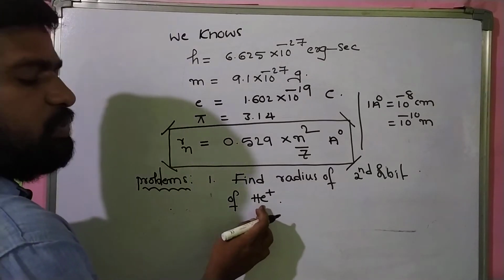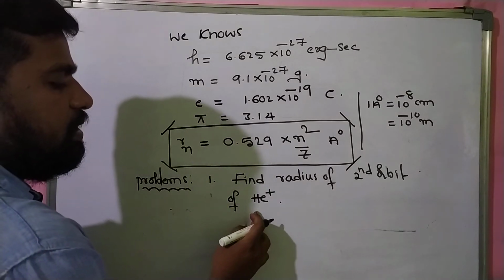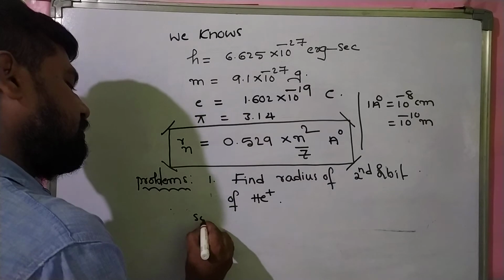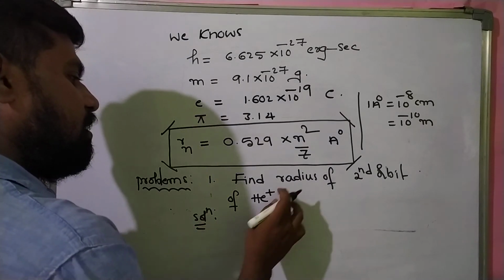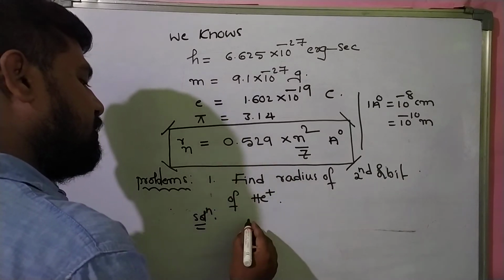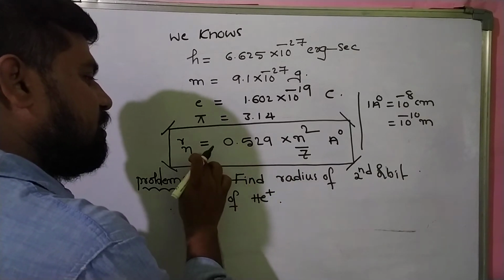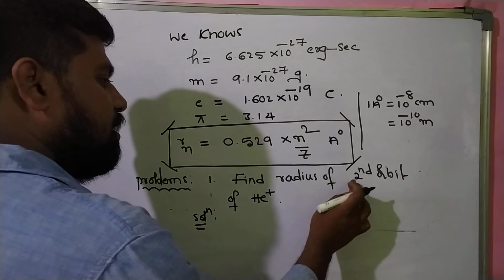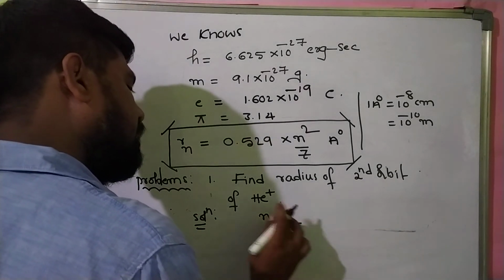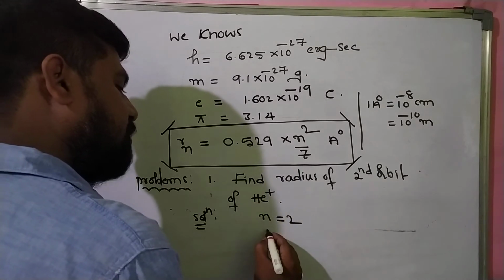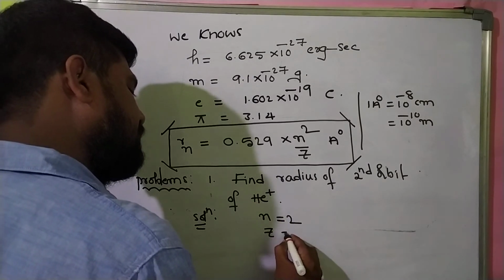Here helium plus means one electron species. Now solution, I think everybody will understand. The formula is readily available. Second orbit means n equals 2, and the atomic number for helium is Z equals 2.